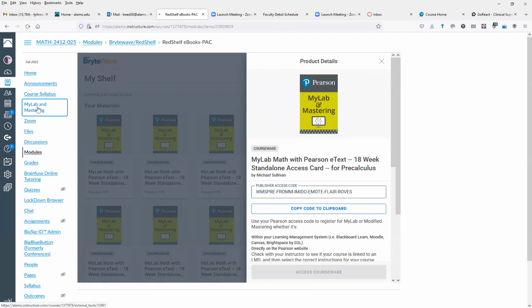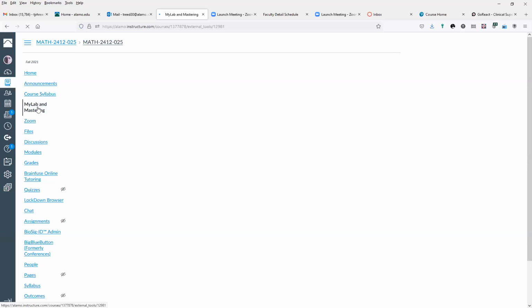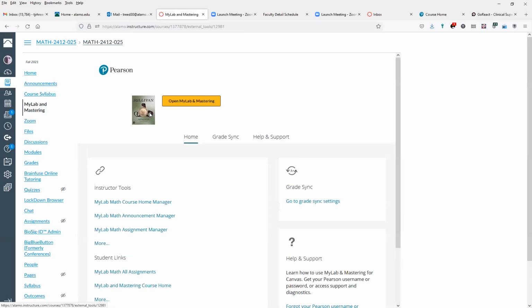Then you go to MyLab. If you can get the code, great. You open up MyLab and put in the access code, and then you build your account. If Red Shelf isn't working for you, you still go into MyLab and you get the temporary access.